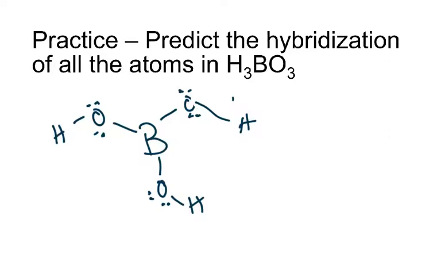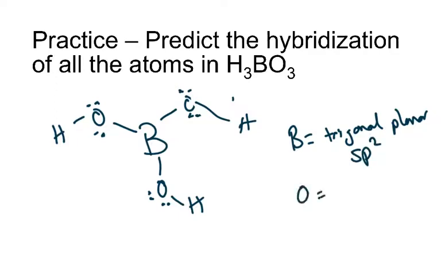So our boron is trigonal planar, which means it is sp2 hybridized, and our oxygens are tetrahedral bent, which means it is sp3 hybridized.